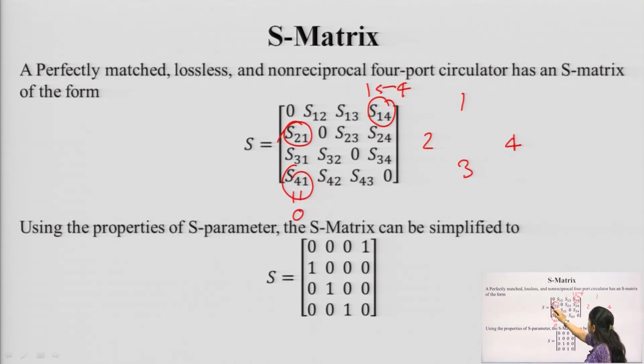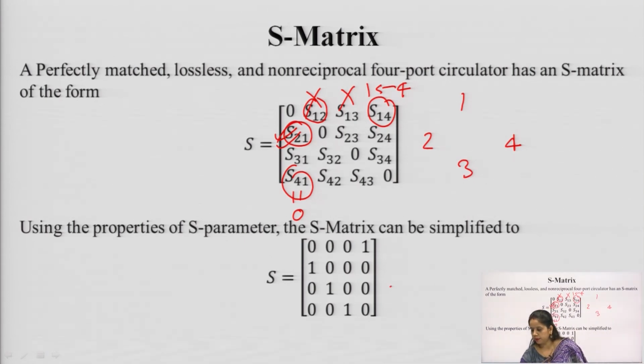Similarly, this is possible, 1 to 2, but 2 to 1 is not possible, so this is also 0. As per that, you can derive the matrix of our 4-port circulator.